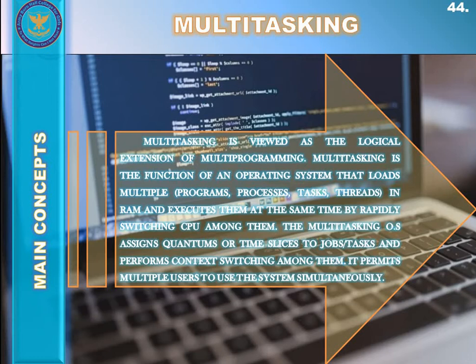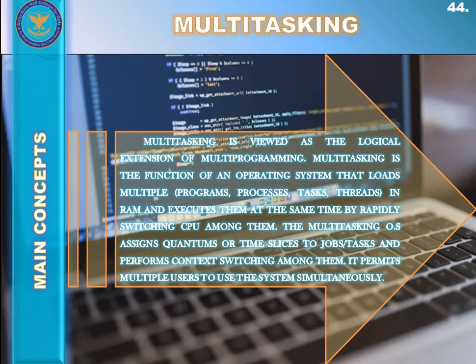The user would not be able to understand that the CPU is actually switching between those multiple tasks. It would look to the user like the CPU is executing those tasks at the same time, but actually that is not the phenomenon.